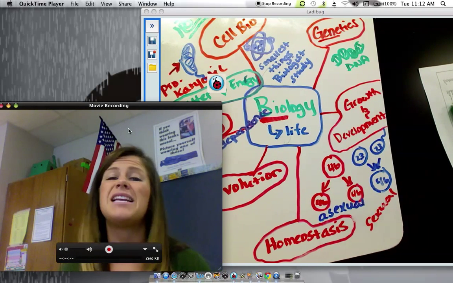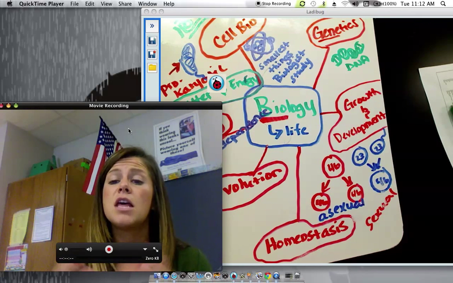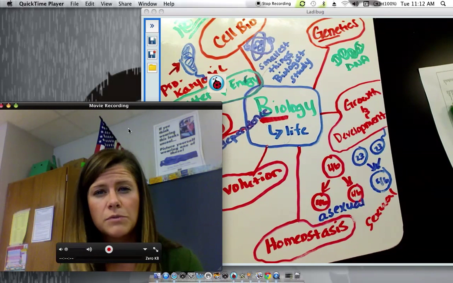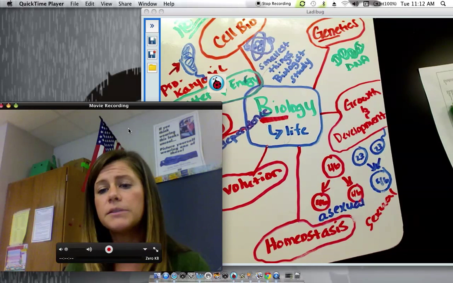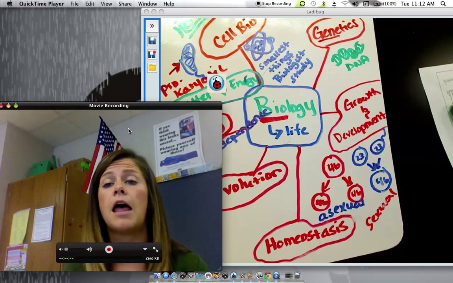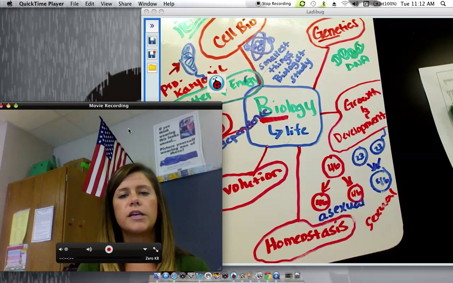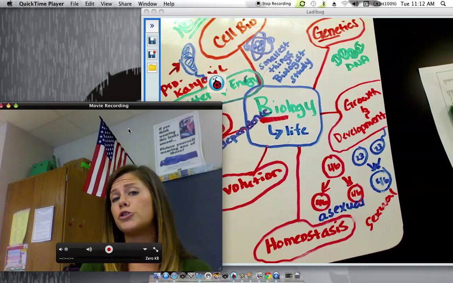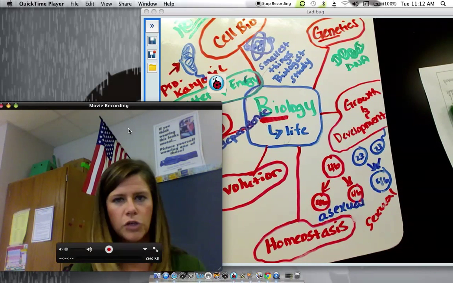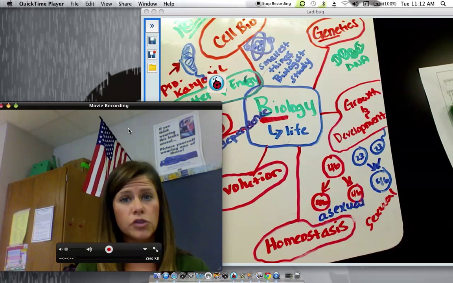The reason why they need to have half is because if they have 46 chromosomes and then fertilization happens, our new cell, or our zygote, is going to have way too much DNA, and it stresses the cell out having that many instructions, and then it goes through apoptosis, and it'll basically destroy itself.